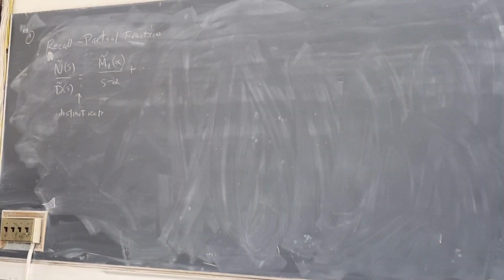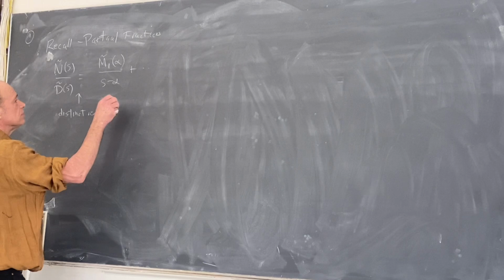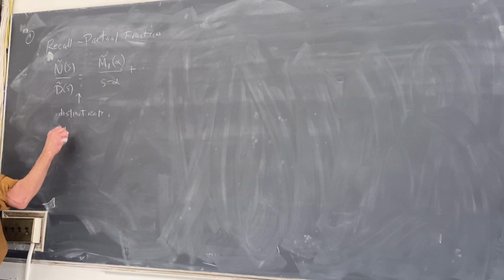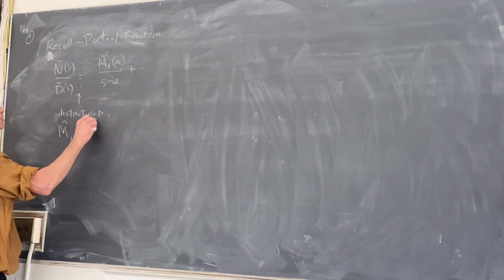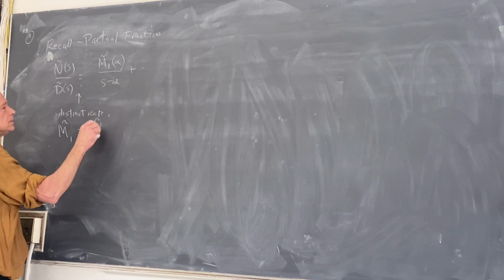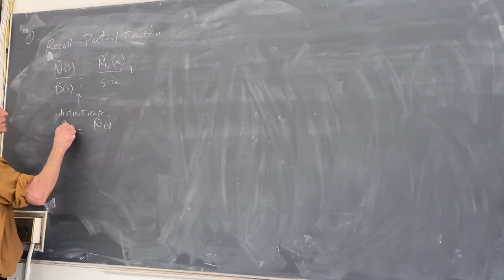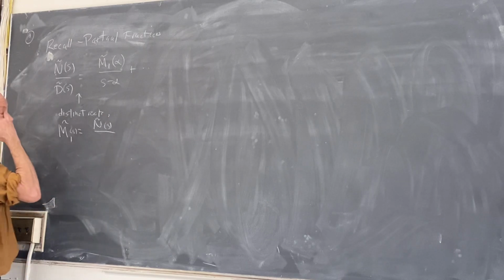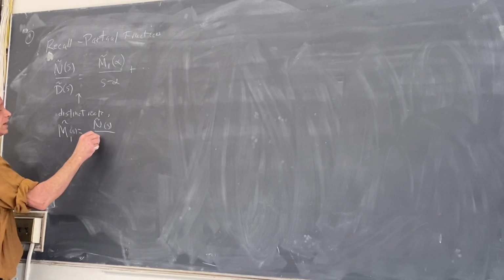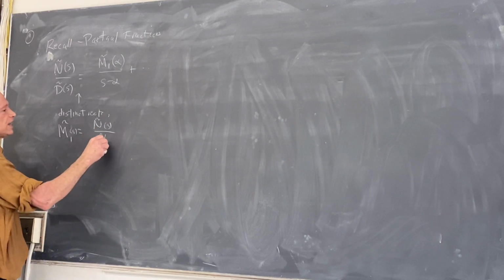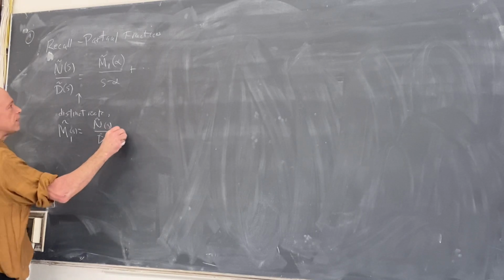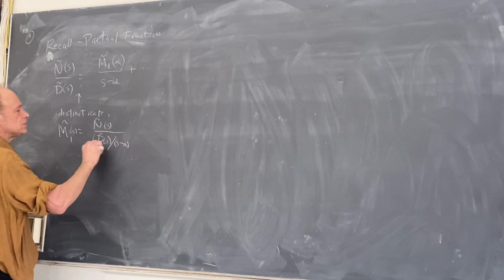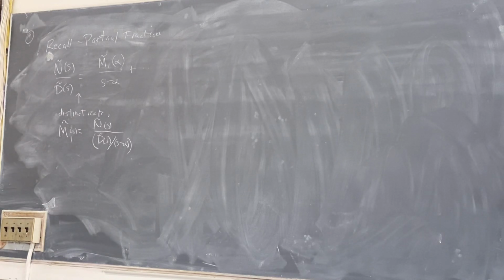So we had terms that looked like this. And what was m1 tilde of alpha? It was equal to n tilde of s divided by d tilde of s divided by s minus alpha, so all the factors of d tilde except s minus alpha.